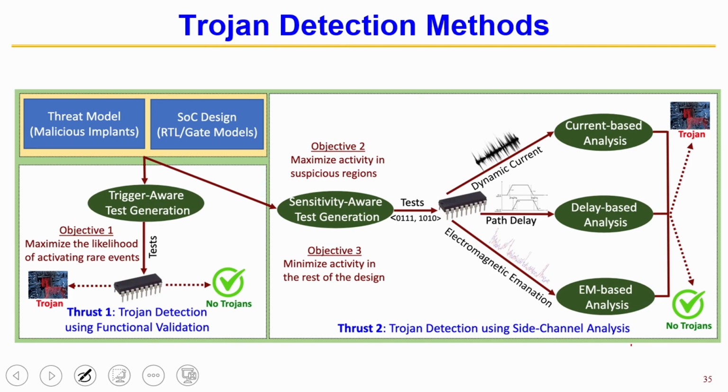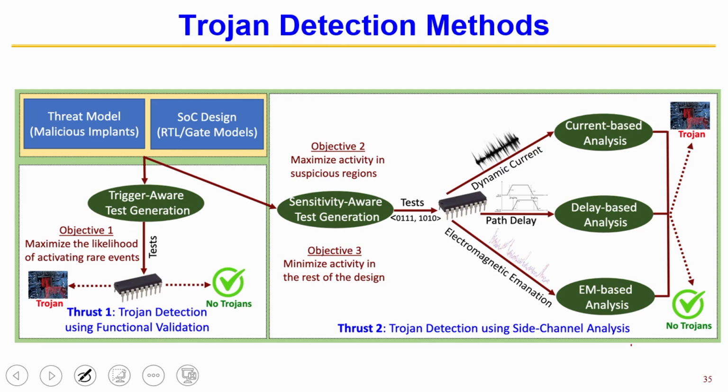Similarly, here itself I am going to show you at least 6 or 7 possible solutions just for test generation. It may seem like I just generate tests, run, and detect the Trojan by trying to activate it, but as you will see, yes and no.